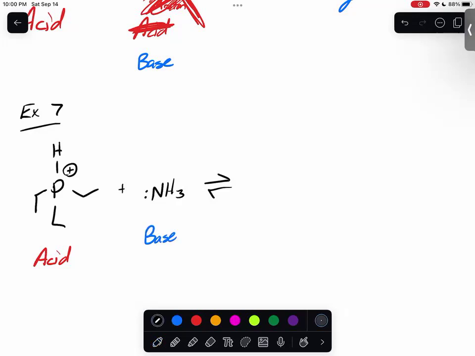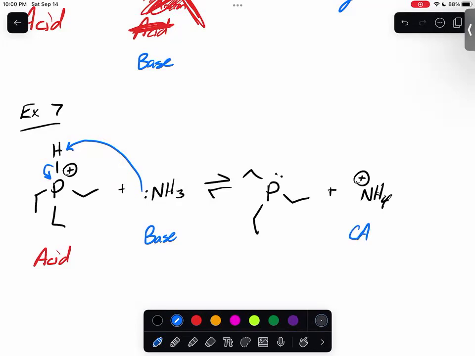So the nitrogen comes over here, grabs the proton, and gives the electrons back to the phosphorus. Now the phosphorus is hanging out with a lone pair on it, and we have NH4 plus. And so now we have our conjugate acid and our conjugate base.